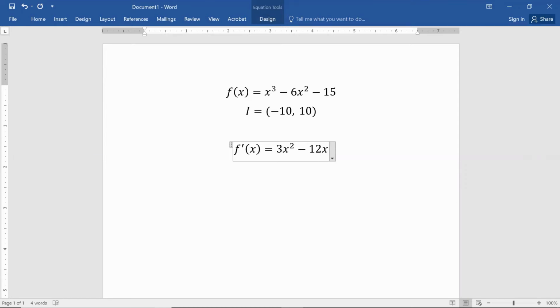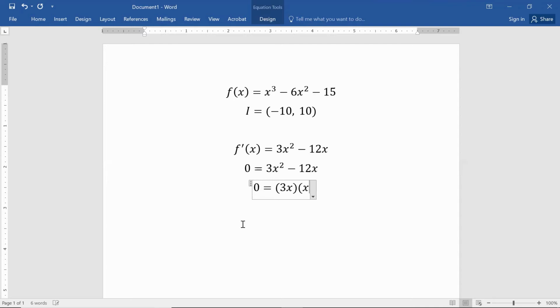Now, 3x squared minus 12x is never not going to exist. It's always going to exist no matter what you plug in. So does not exist is not an option, but there are places where this derivative could be 0. So we set this derivative equal to 0 and solve for x. Factor out a greatest common factor, 3x.